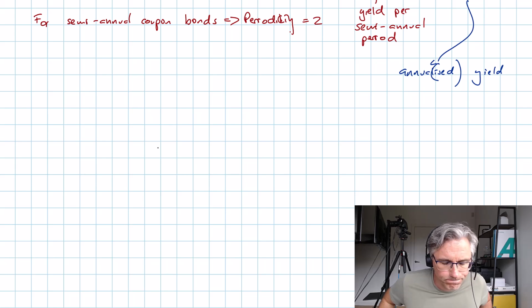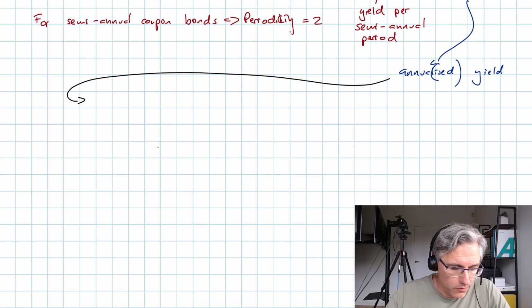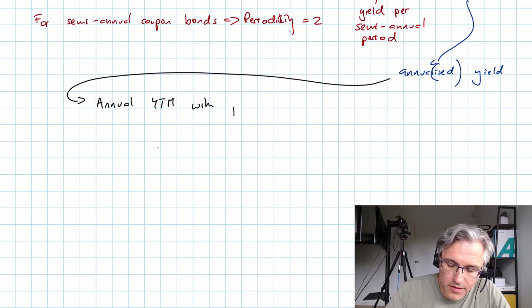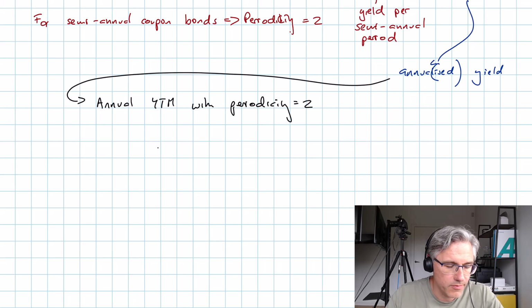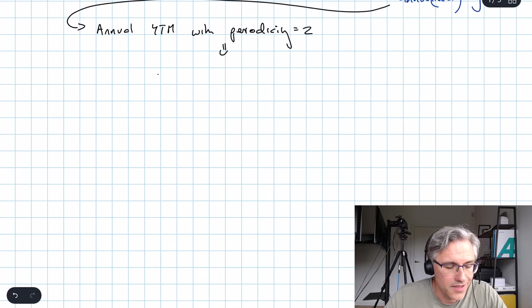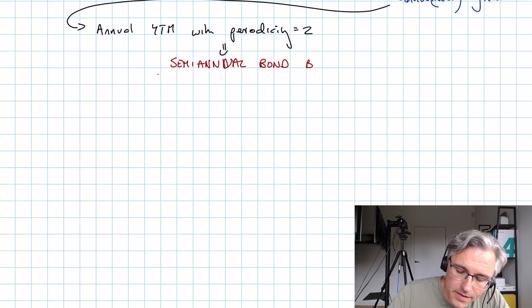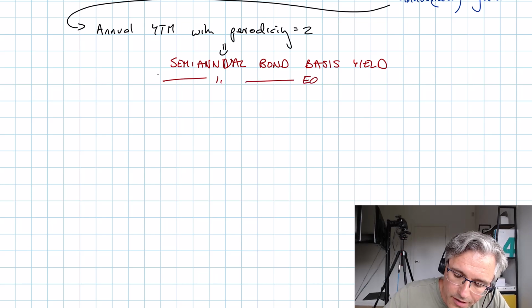And when computing, like we did over here, an annual yield or annualized yield, annual YTM with an assumed periodicity equal to 2, which is what we had as a result of this bond being a semi-annual coupon bond, you get a result which is known as the semi-annual bond basis yield, annual bond basis yield, or the semi-annual bond equivalent yield.